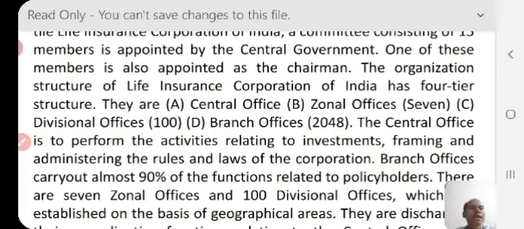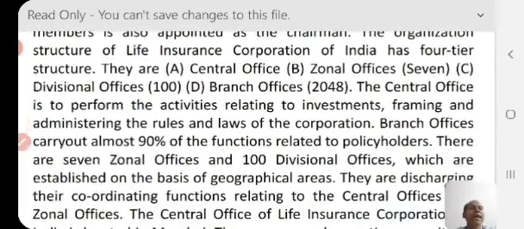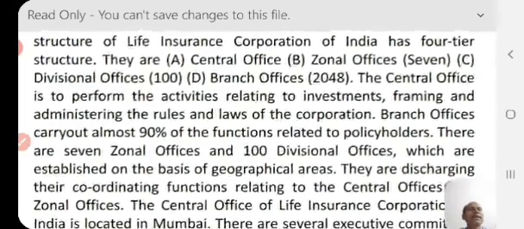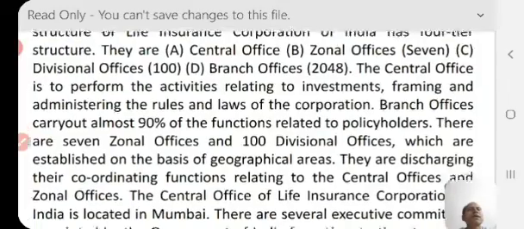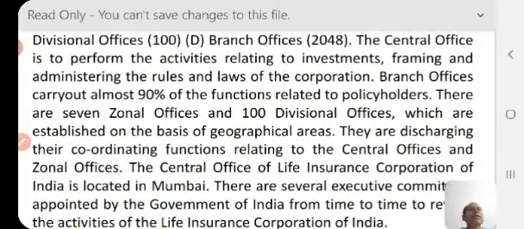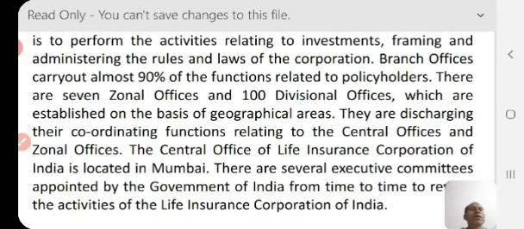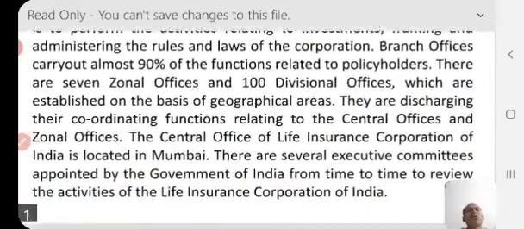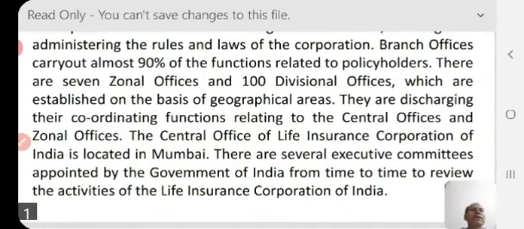The central office plays the key role in formulating the policies, rules, and the laws of the corporation, and branch offices carry out almost 90% of the functions related to policyholders.